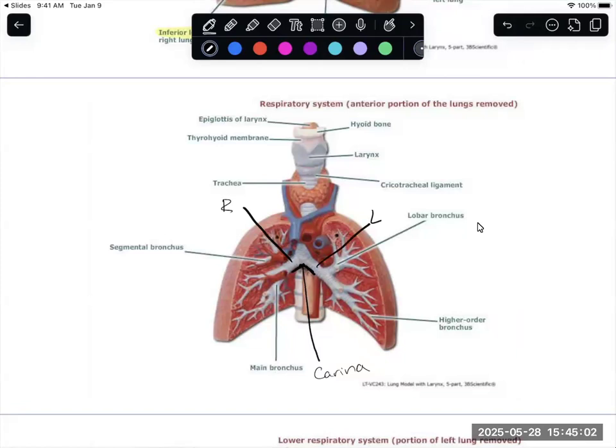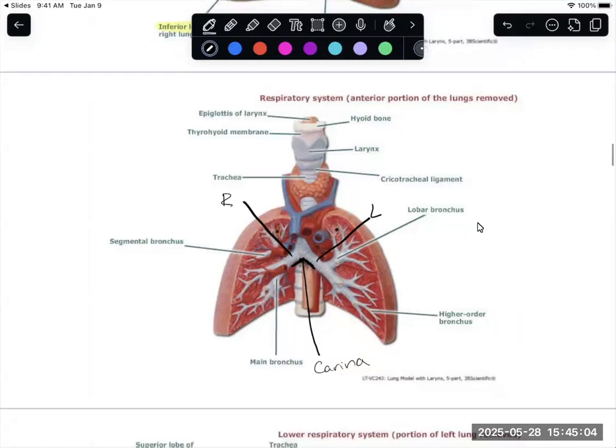This is going to be our left primary bronchus. And then from there it splits. Here, that first split, we look at that left side, one side is going into the superior lobe, one is going into the inferior lobe.